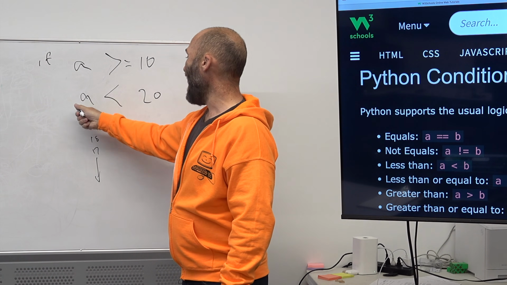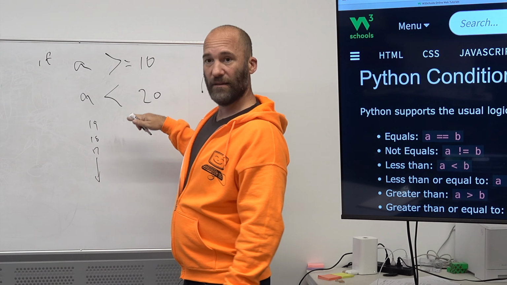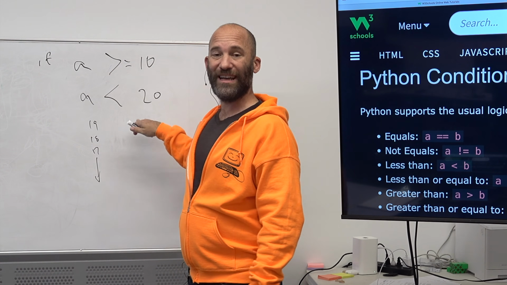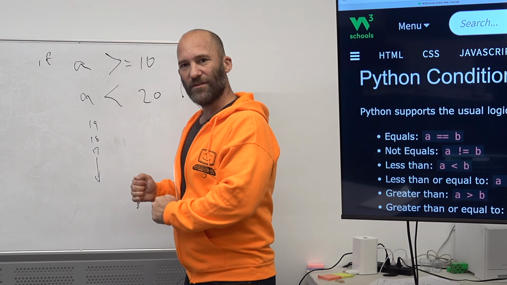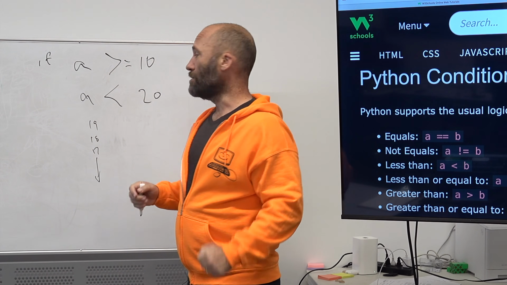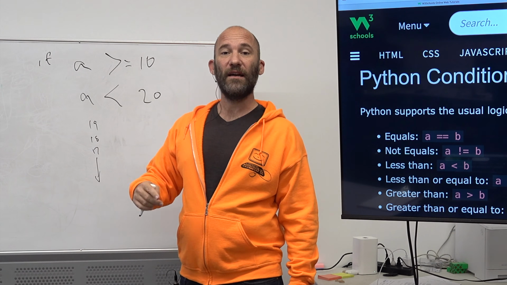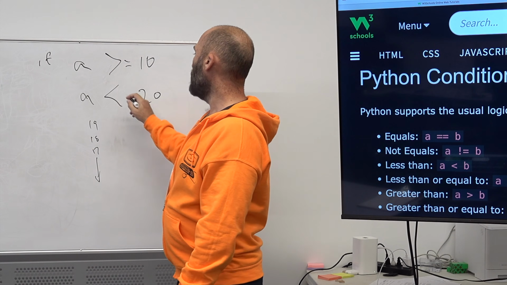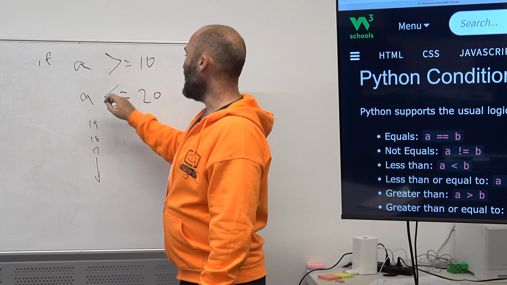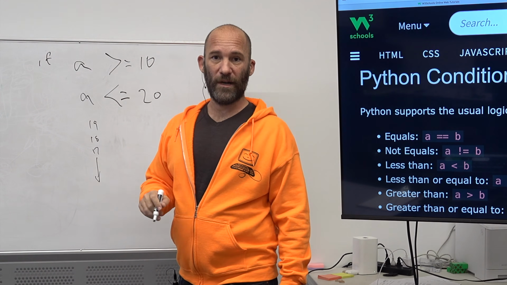If A is 20, in this situation, it would fail out because 20 is not less than 20. 20 is equal to 20. So if we want to check if somebody's age is 20 or below, we would say A is less than or equal to 20.